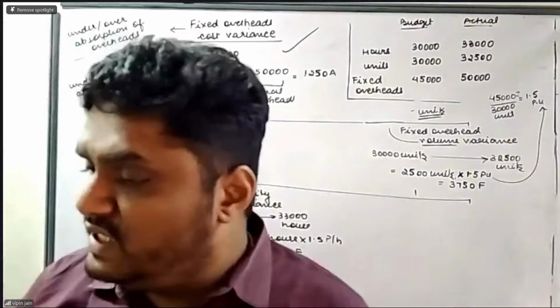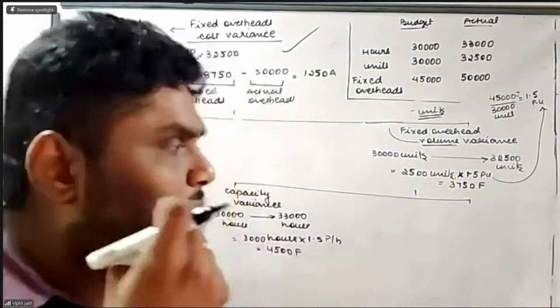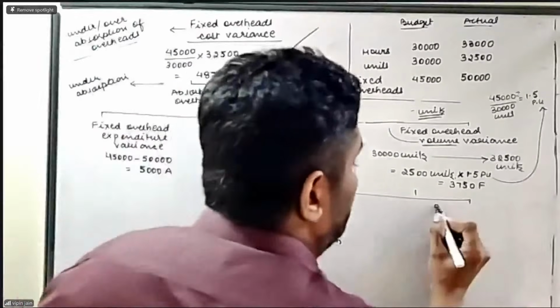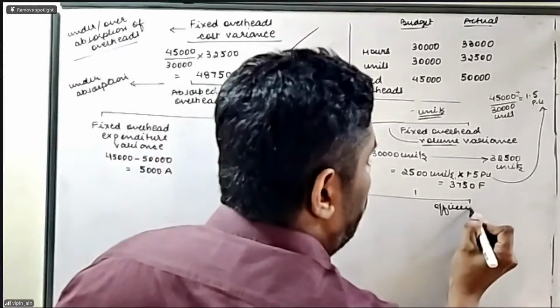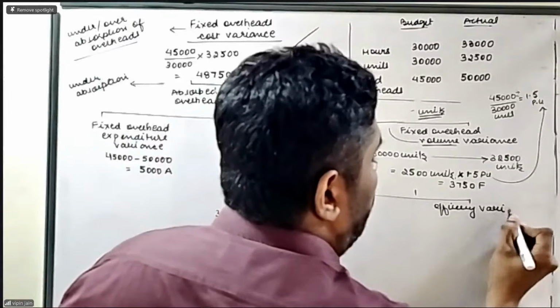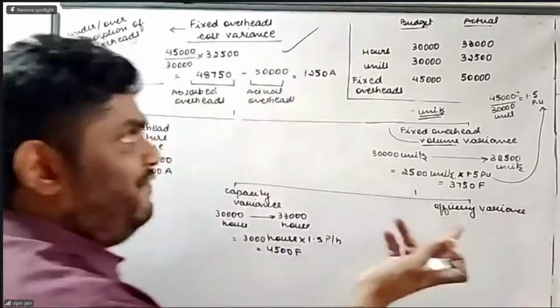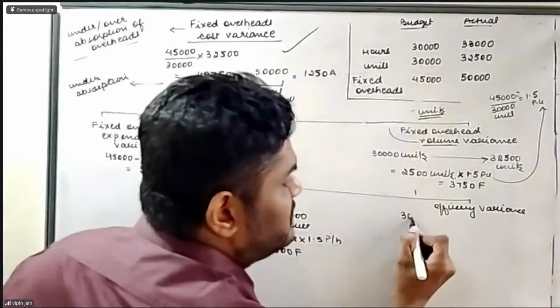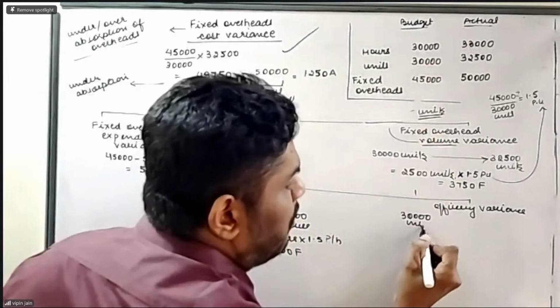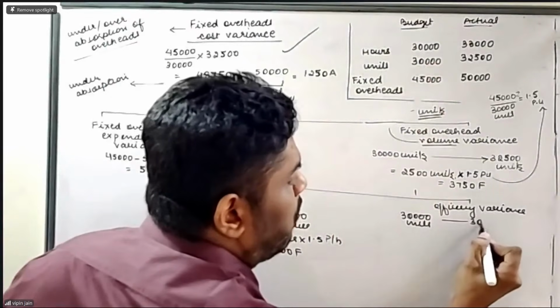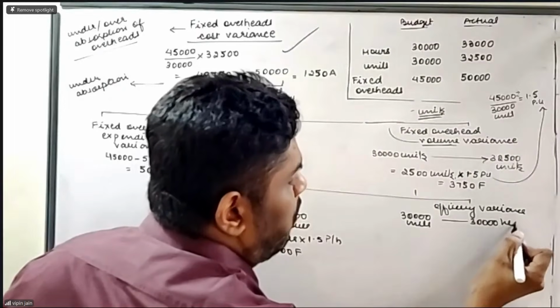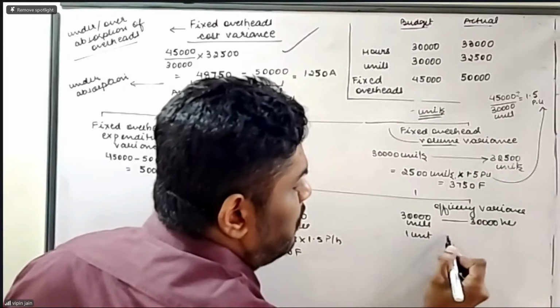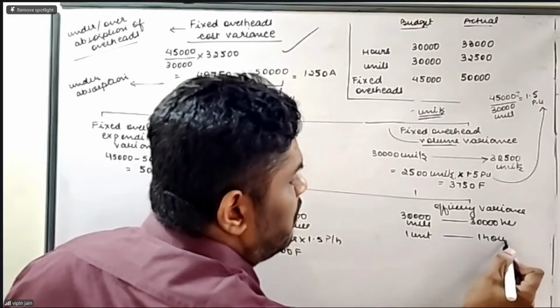This is not efficiency, Nikunj. Let's come to efficiency now. Efficiency variance also has no change. 30,000 units, 30,000 hours. One unit, 1 hour.